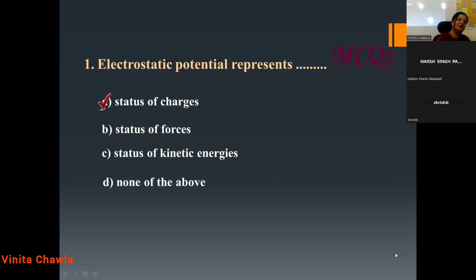Electrification इस पे depend करता है. Status of charges means कितना strength है उसका कि वो उसमें withstand कर सकता है. See, electrostatic potential का मतलब क्या होता है? Electrostatic potential मतलब strength of charge. Strength of charge का मतलब कि कितना strongly या weakly attract या repel कर रहा है या फिर कितना withstand कर सकता है. वैसे उसके field में भी है अगर तो कितना वो उसको hold कर सकता है. Right?